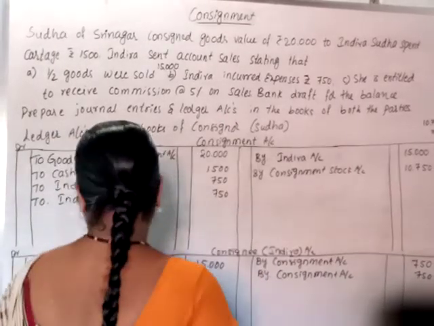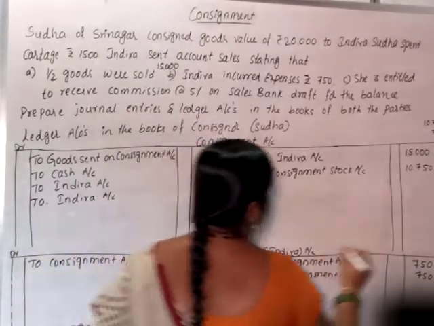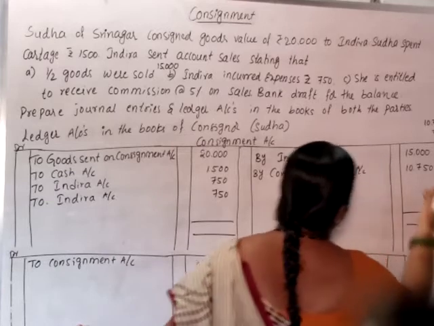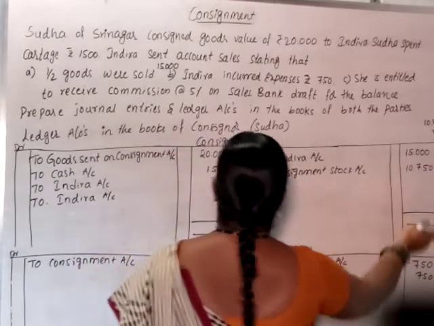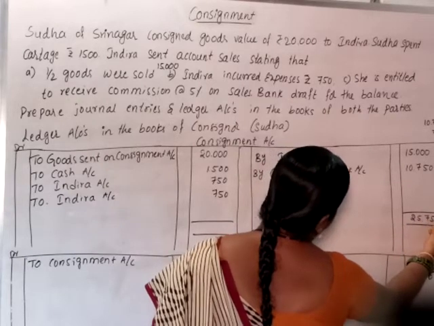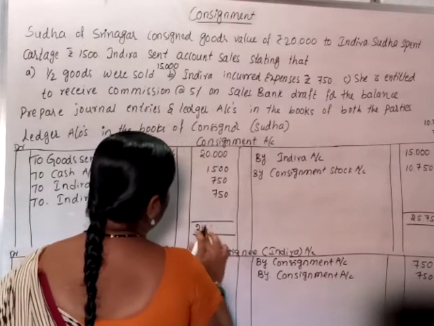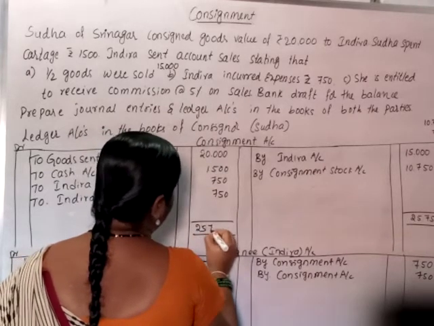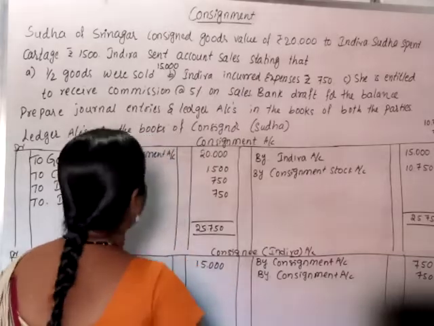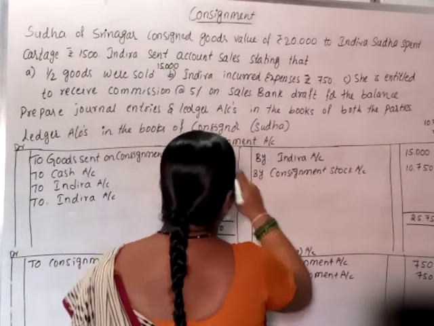Now find out the balance of both the sides. Which side is more, debit side or credit side? So here credit side is more. 25,750 is the credit side total. Okay, and deduct the debit side total.